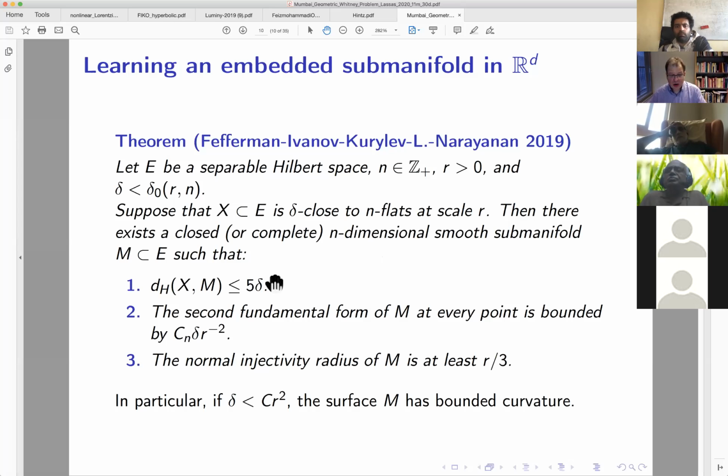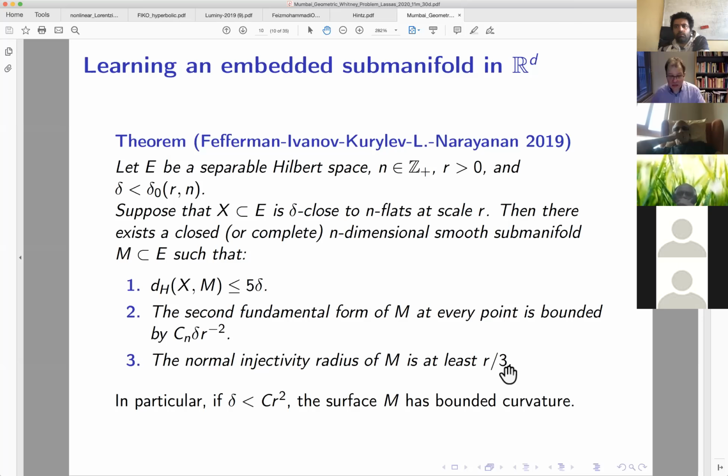Then the second fundamental form, that is practically the same thing as the curvature of this surface, is everywhere bounded by a constant times delta times R^-2, and also the injectivity radius can be bounded.